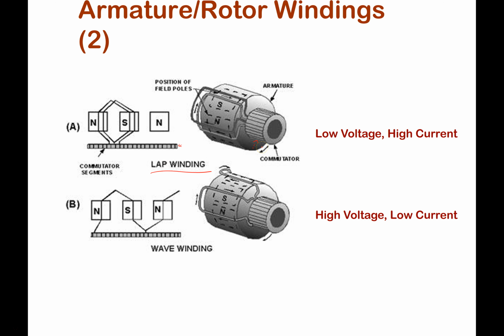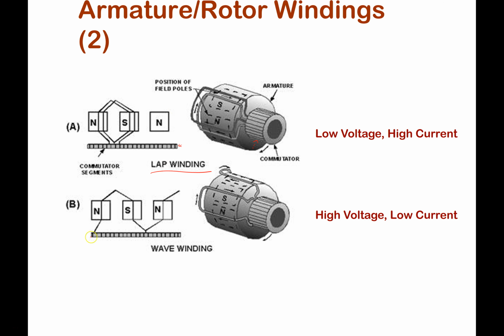If we unroll it, and these are the winding, this is how the windings actually proceed. So you have the winding coming here and then coming back to the immediately next position, and then you continue like that, progressively lapping the winding as you go around.